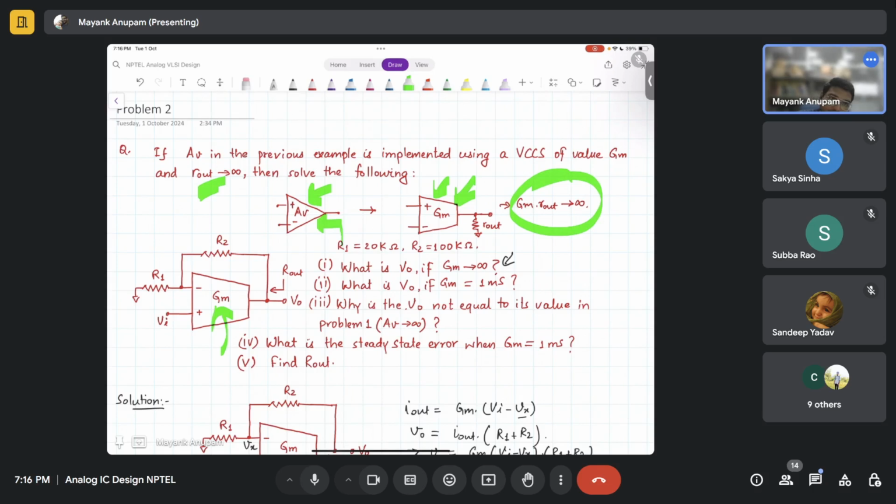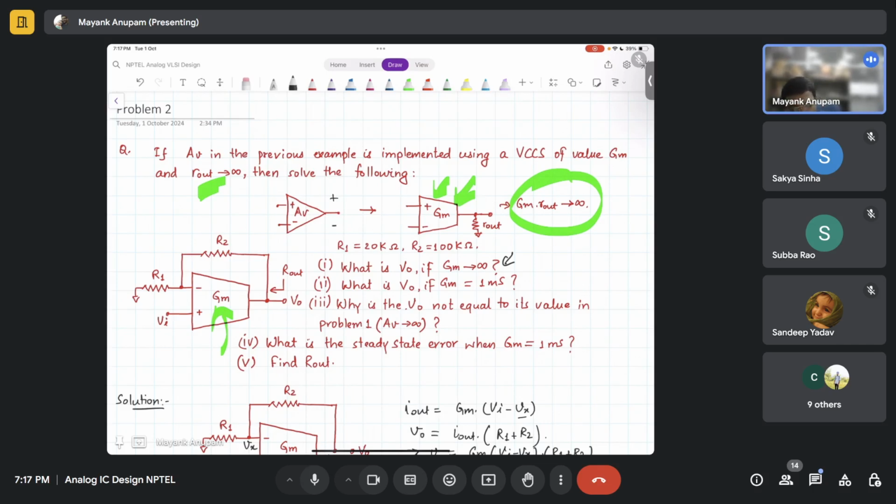The output voltage for an ideal voltage controlled voltage source does not depend upon what you connect at the output. However, for an ideal voltage controlled current source, the output voltage is a very strong function of what you connect at the output, isn't it?